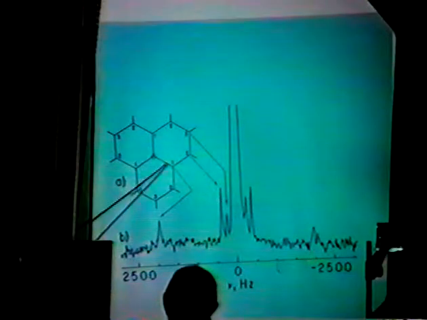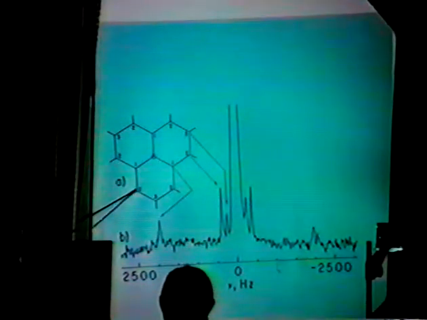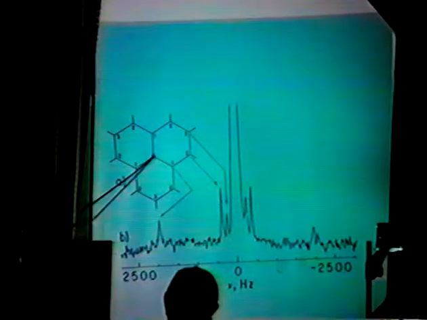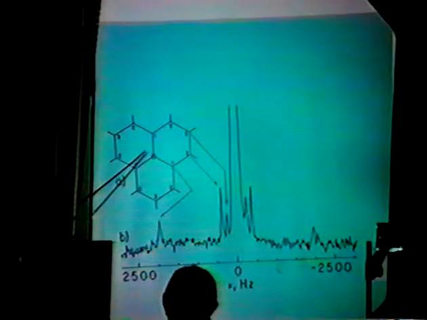And likewise, we have 6 second nearest neighbors and 6 third nearest neighbors. Because the nuclei are magnets, they exert a small magnetic field at the site of the other, and this gives rise to a splitting in the spectrum.